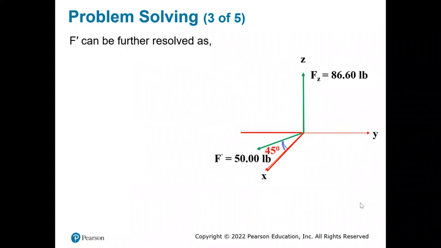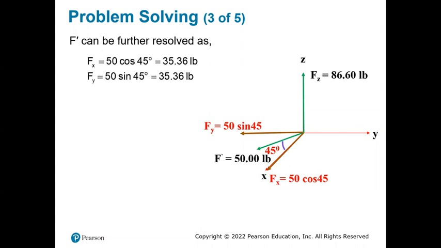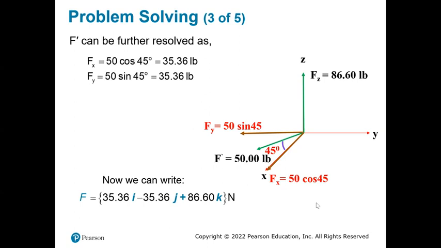So it's simple. The axis near to that angle, we get 50 cos of that. The axis opposite to that, we get sine of that. So that gives Fx and Fy, the cos and sine factors. We already found the Z, so we can write it as a Cartesian vector with the magnitude and then the i, j, k directions.